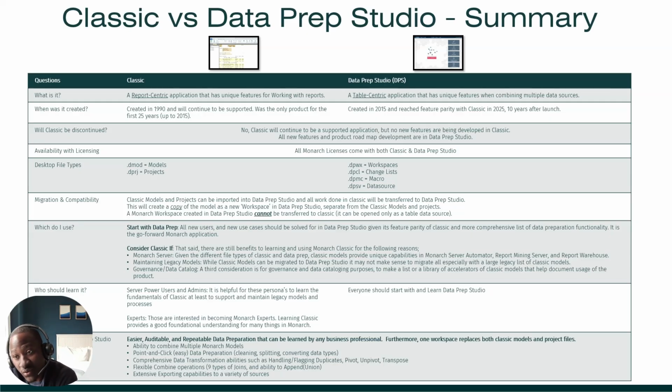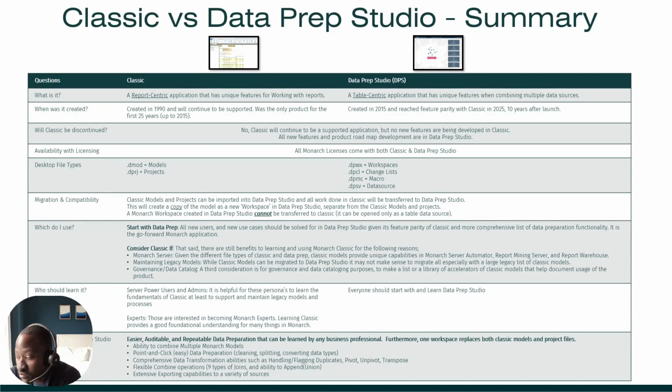Now, the Data Prep Studio, on the other hand, is what you call a table-centric application. Everything in that application is designed around working with tables. So when you bring in a report, a spreadsheet, or a database source, in the Data Prep Studio everything gets normalized to be a table.